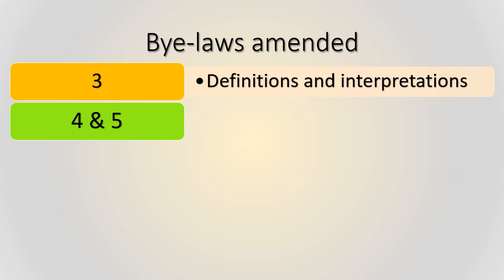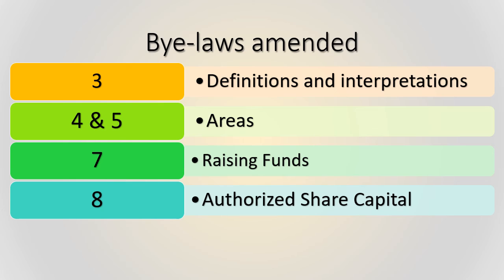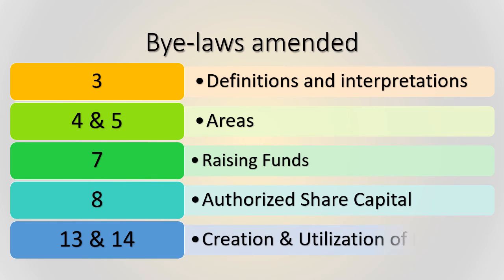It will also amend 4 and 5 for areas, bylaw 7 for raising funds, bylaw 8 for authorized share capital, which has increased because one unsold unit has been sold by the builder promoter, and bylaws 13 and 14 to define and to put in place the procedure for creation and utilization of the funds.